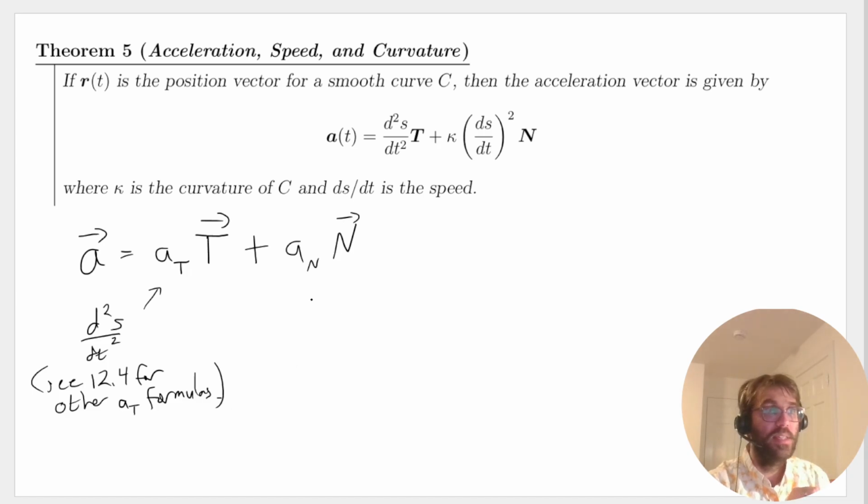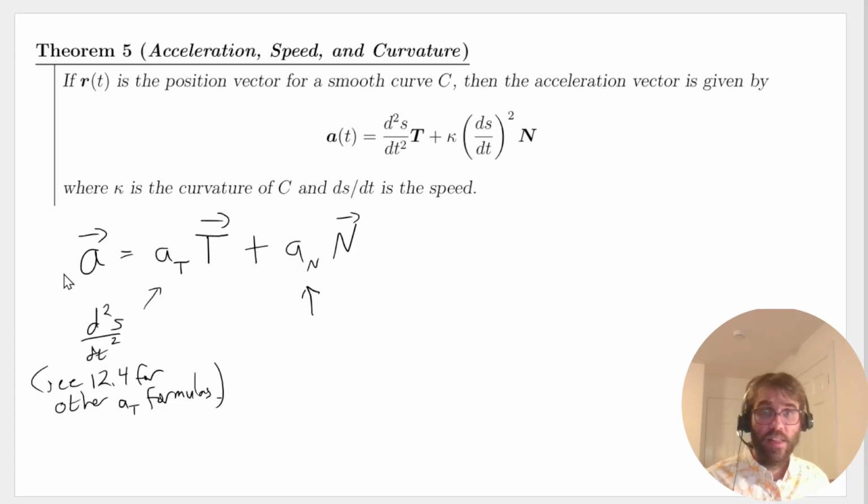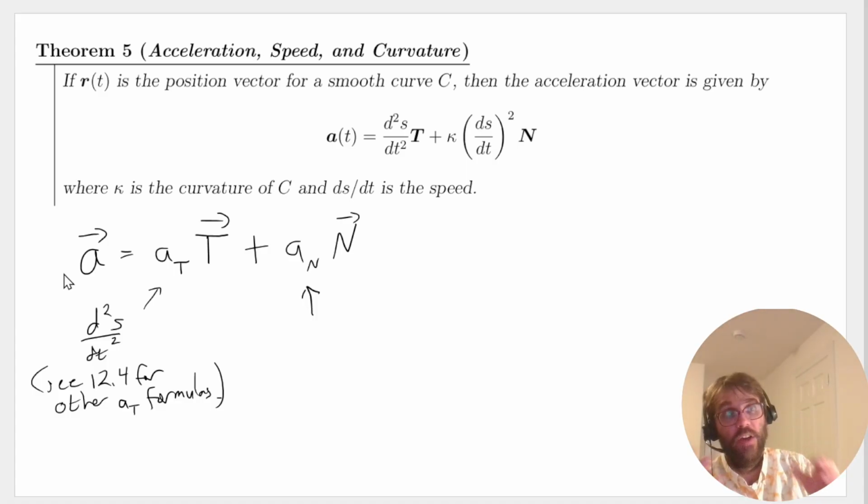What I want to focus on though now is the a N, because there's a connection between curvature and this coefficient a N. There kind of should be, because we said back there that the acceleration, which is about how your velocity changes, breaks down into 2 components. How your speed is changing, ds dt is speed, and so the derivative of speed is what we've got here.